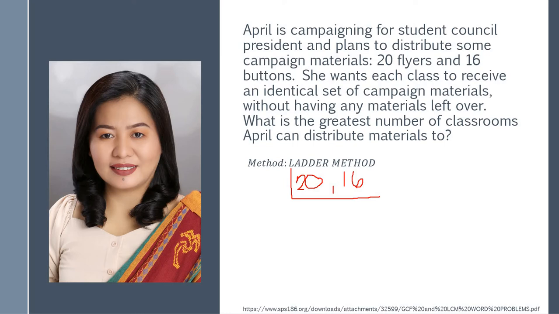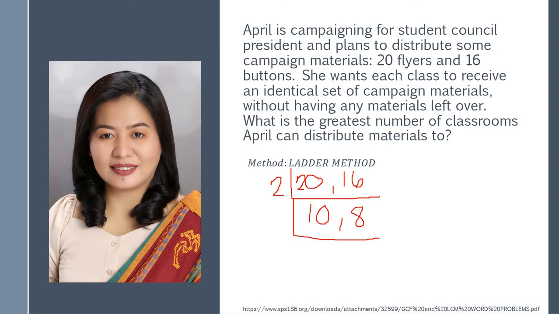Is 20 divisible by 2? Yes. Is 16 divisible by 2? Yes. So we start with 2. 20 divided by 2 is 10, and 16 divided by 2 is 8. Then we divide again. Is 10 divisible by 2?